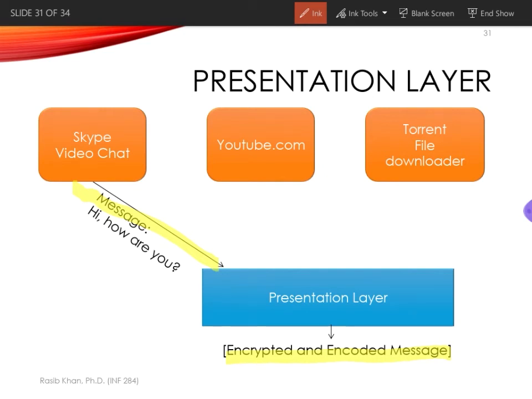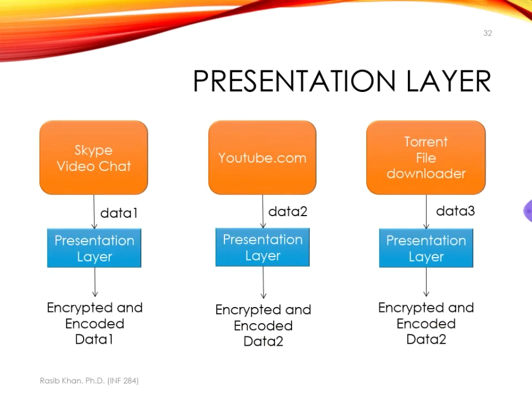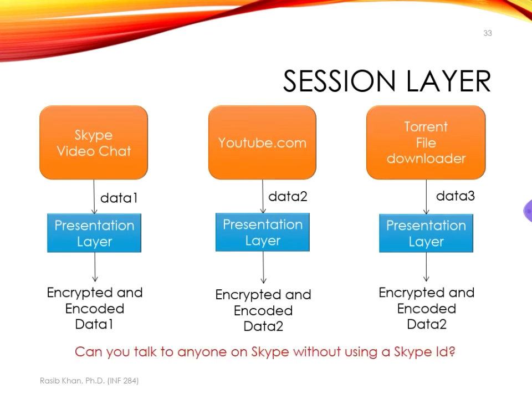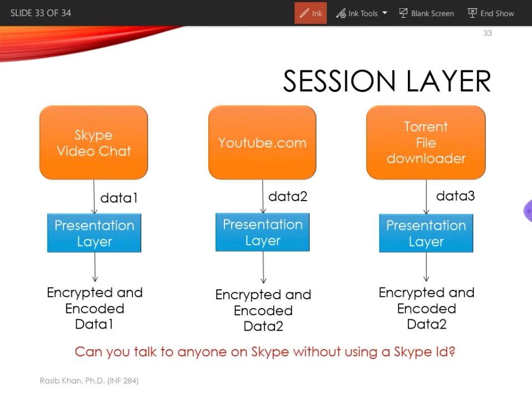This conversion and the application of encryption on the data is applied by the presentation layer. If you look at multiple applications running on the same device, the data being generated from Skype, YouTube, and the downloader are all converted into encoded and encrypted format by the presentation layer.